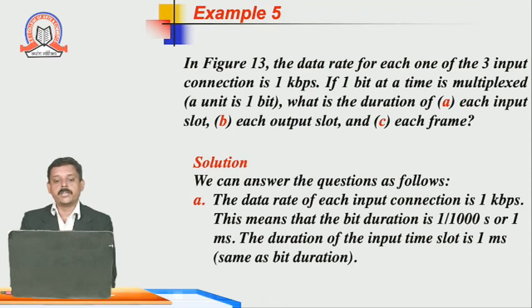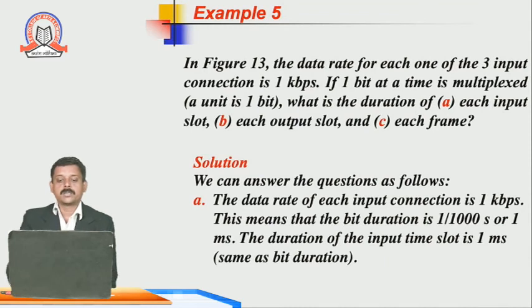We are going to calculate the duration for each input slot, each output slot, and each frame. So the data rate of each input connection is 1 kbps. This means the bit duration is 1 upon 1000 s, that is 1 millisecond, and the duration of the input time slot is 1 millisecond.